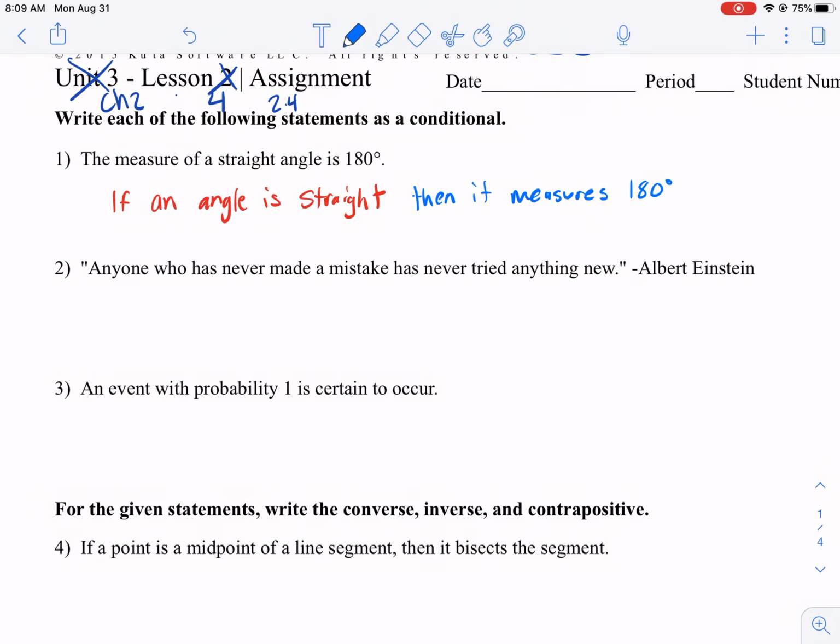You can see I added some words and took out some words, but we just needed to make sure that we got a conclusion. So that's my Q, and then we had a hypothesis right here. An angle is straight, hypothesis. It measures 180, Q, okay?